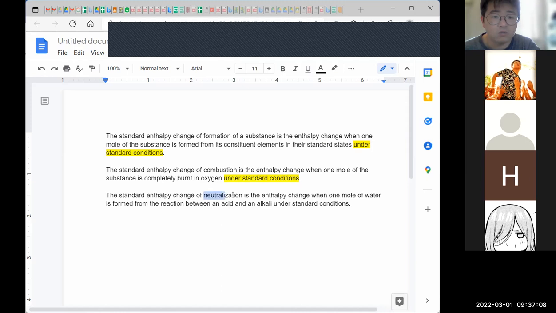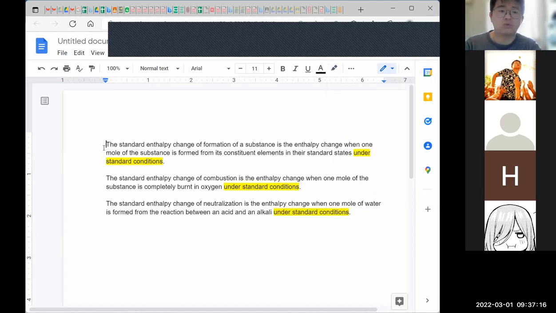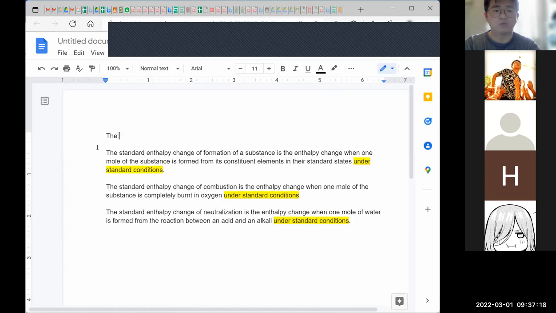So these three are something very, very specific, talking about a certain type of reaction. And we have one general term, standard enthalpy change of reaction. Okay, this is a very general term. Take a look at this term.